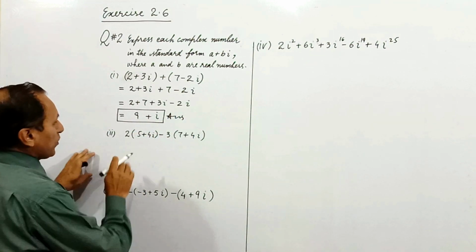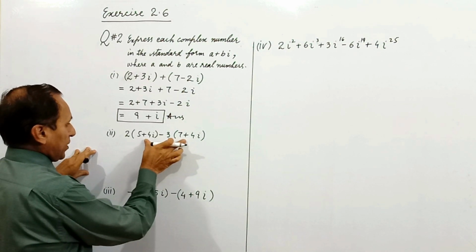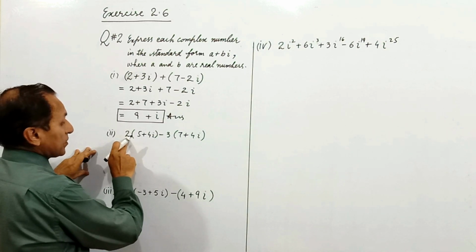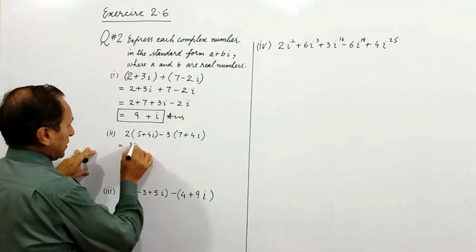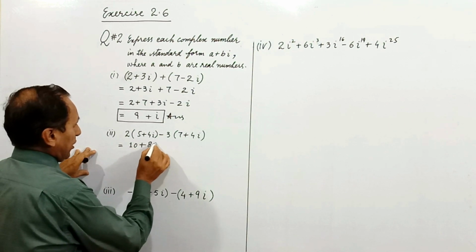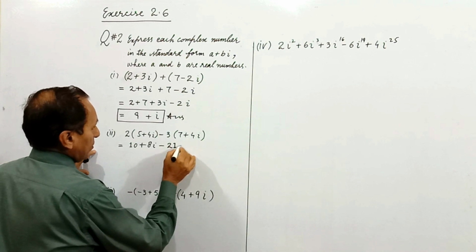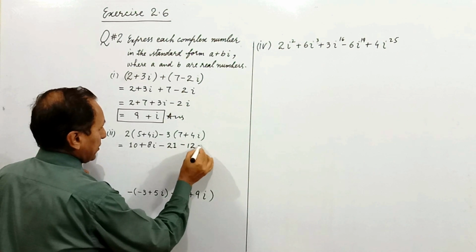In part 2, we learn not only the difference of two complex numbers, but also how to multiply a real number with a complex number. 2 fives are 10, 2 fours are 8 iota, minus 3 sevens are 21, plus minus 3 fours are 12 iota.